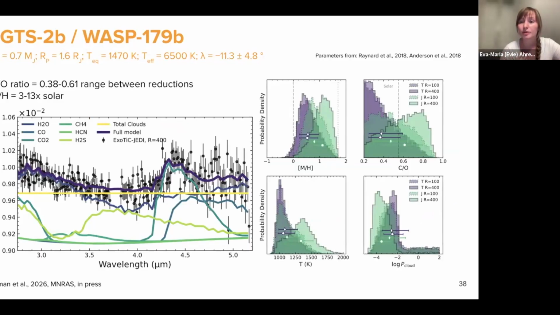You see in purple, this is Tiberius, and in this turquoise color is the Jedi, ExoTiC-JEDI reduction, and you see the two different resolutions. It just shows that even though the transmission spectrum agreed really well, the retrieval couldn't quite give the same result and conclude on something. So problem child number 2.